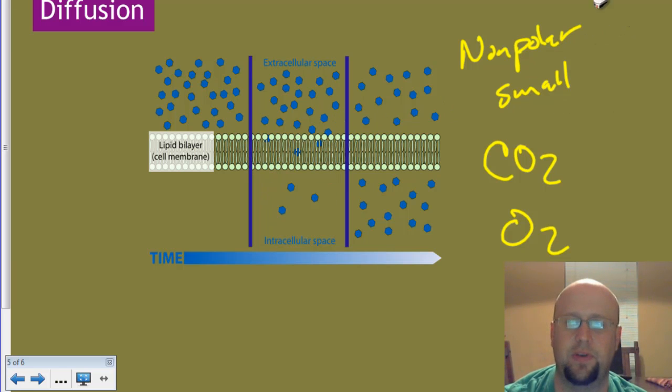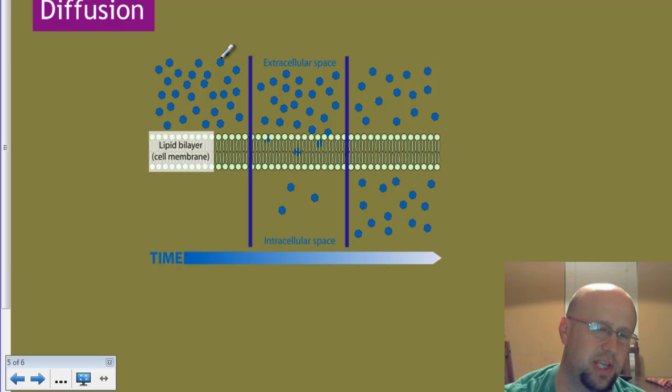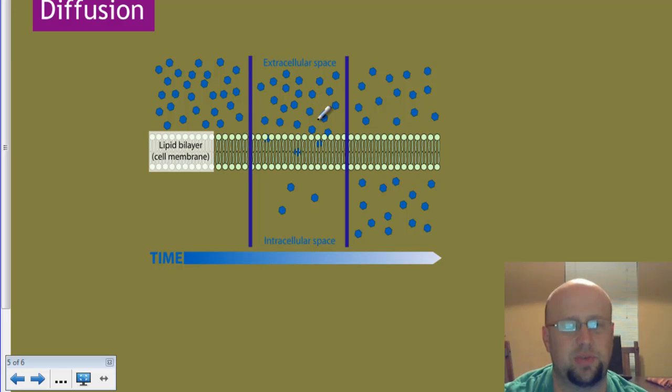It happens through a physical process called diffusion, okay, and basically diffusion just says that if you have a large concentration of something in one area and a low concentration in the other area, so like on the outside of the cell, let's say we have a lot of oxygen, and on the inside we don't have much, if the molecules are small enough, they're going to diffuse through what we call a semi-permeable membrane.